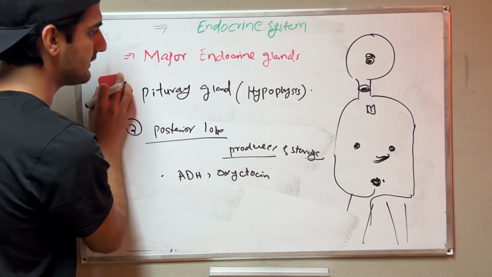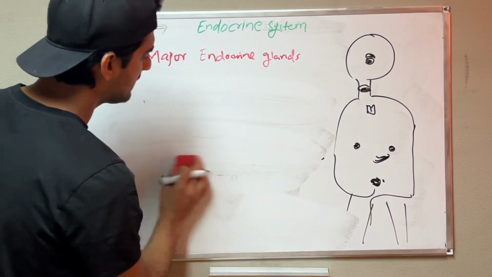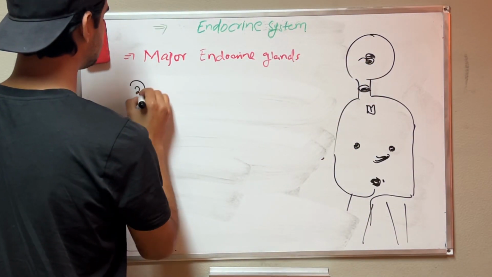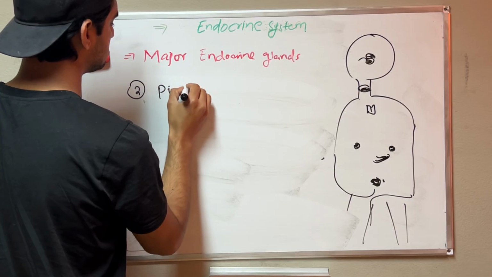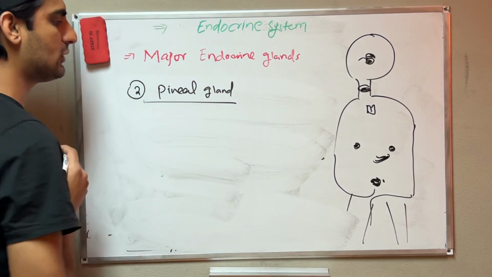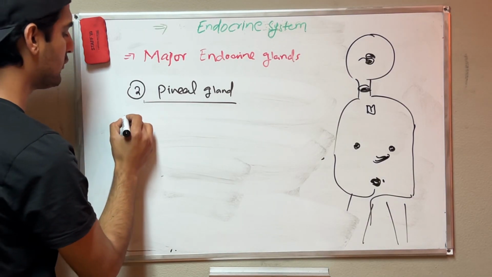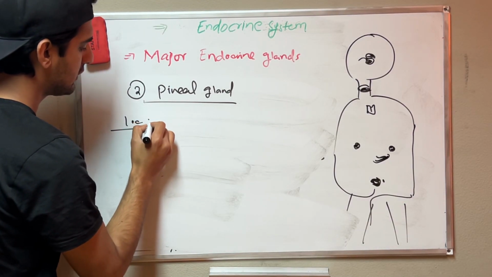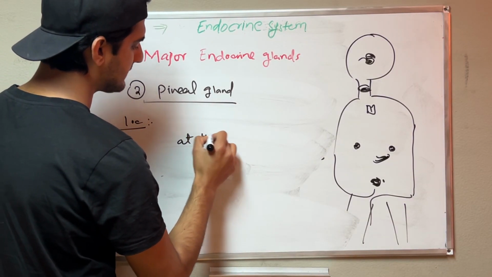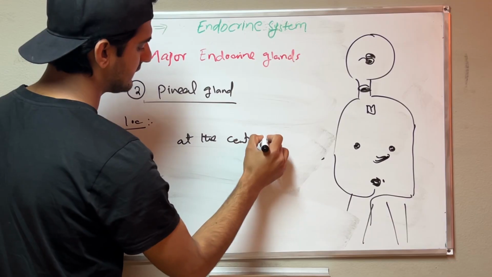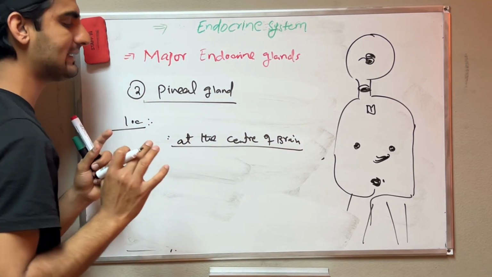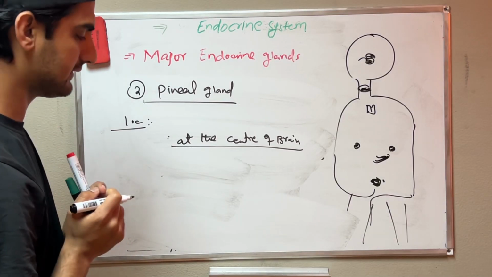Now the second major gland we have is the pineal gland. Now we will learn about the location of the pineal gland, where it is located: at the center of the brain, at the center of the brain, that is, it is found at the center of the brain.